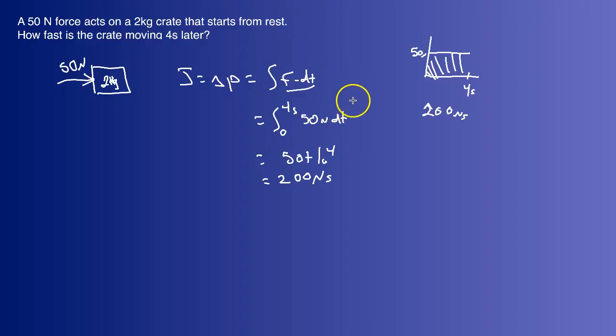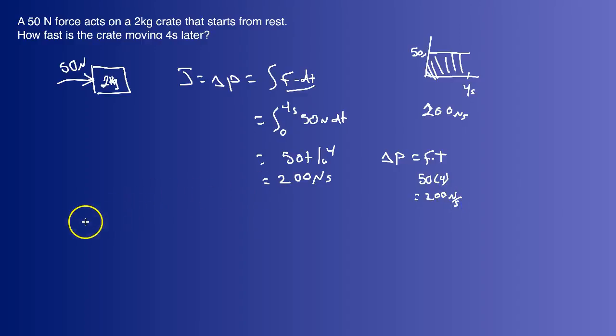The third thing we can do, if the force is constant, is say delta P equals F times t. If it's a variable force, we have to use the integral. For a constant force, we say 50 times 4 seconds equals 200 Newton seconds.